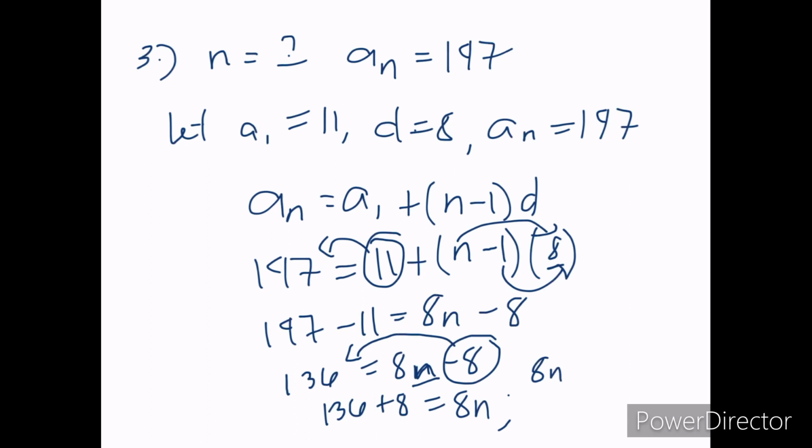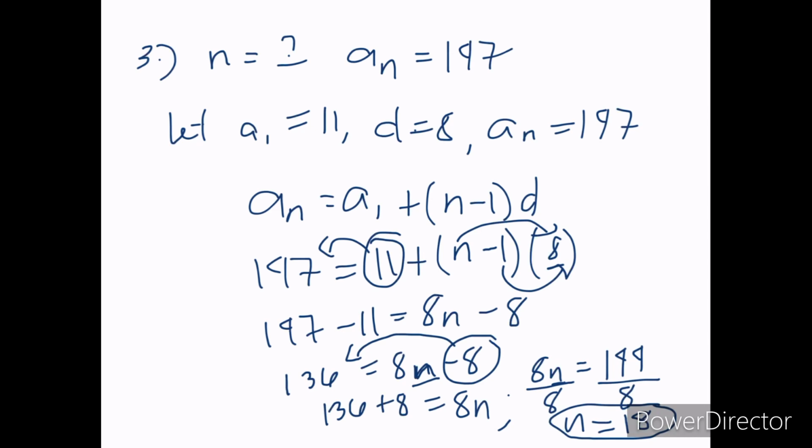So our 8n is equal to 144. Again, we are looking for the n, therefore divide both sides by 8. So our n is equal to 18.